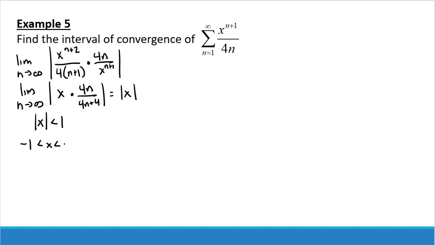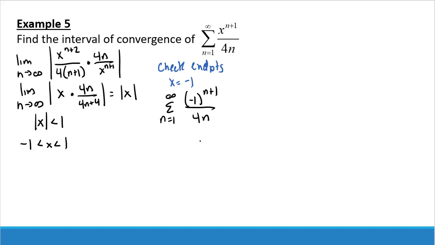Okay, so now you need to check the endpoints. Let me show x equals -1. So when I plug in -1, this is the series I get. Now you have to think about all those convergence tests we did and figure out when this converges.